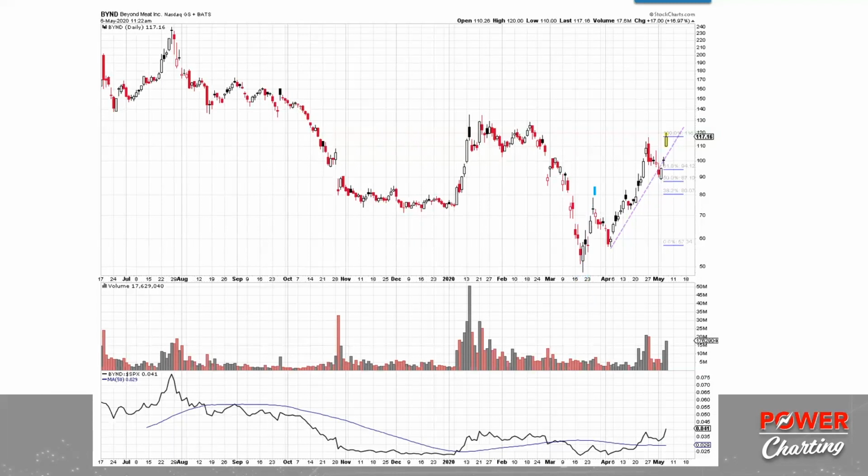This is an example of a thrust right here. Here is a great example of a thrust. And with this, you have leaping bars, ease of movement, higher prices, good volatility in an upward direction, and volume is generally expanding.